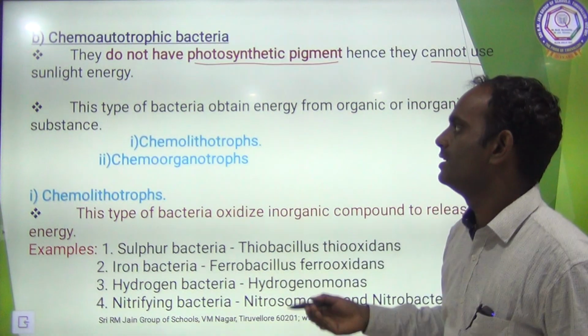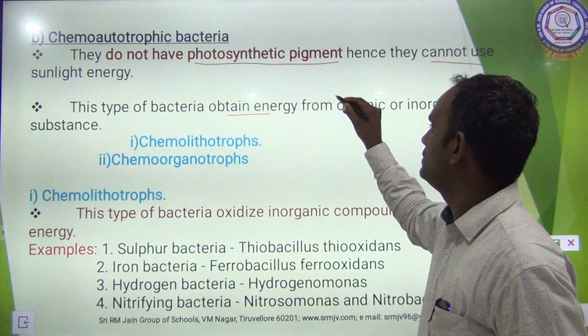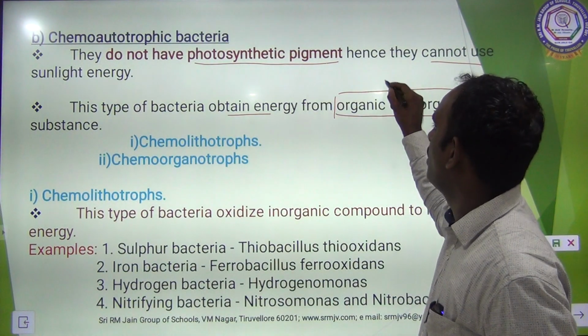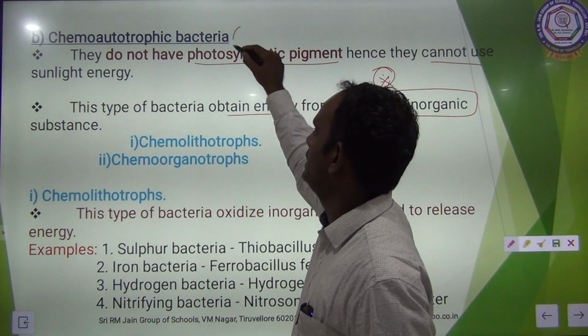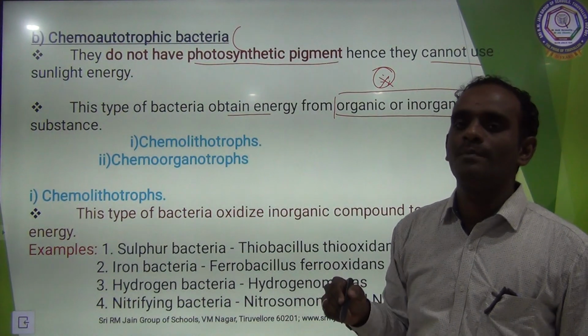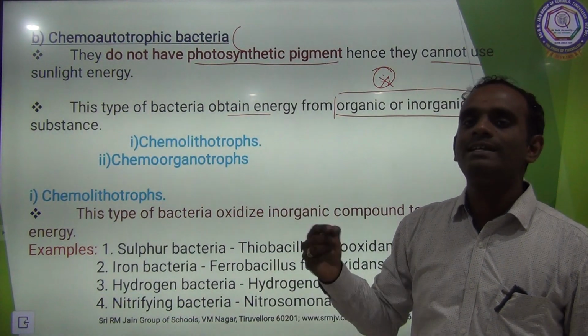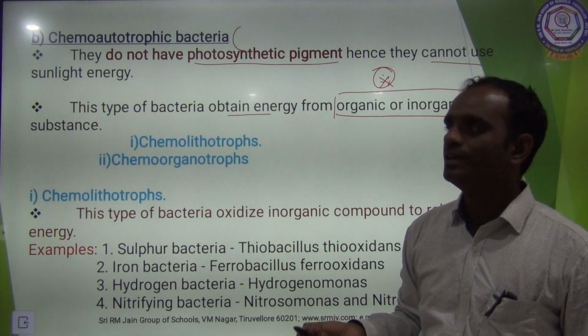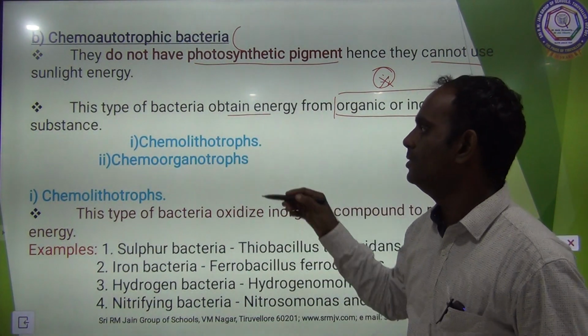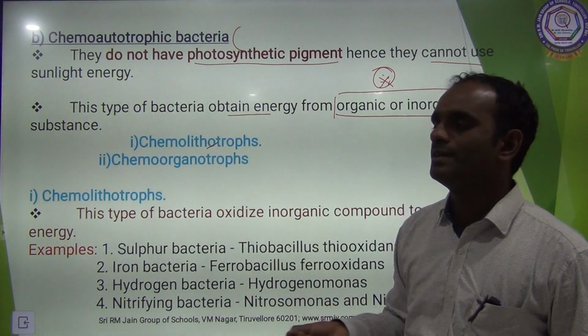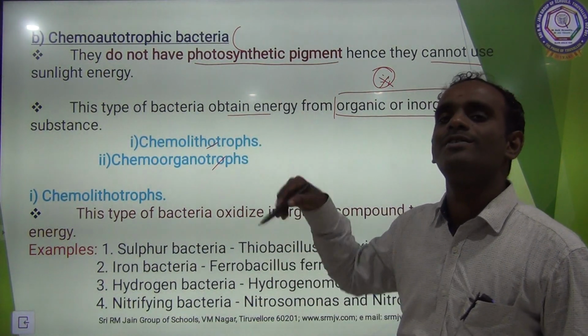Instead, bacteria obtain energy from organic or inorganic substances. Very important. This chemoautotrophic bacteria is further divided into chemolithotrophs and chemoorganotrophs.